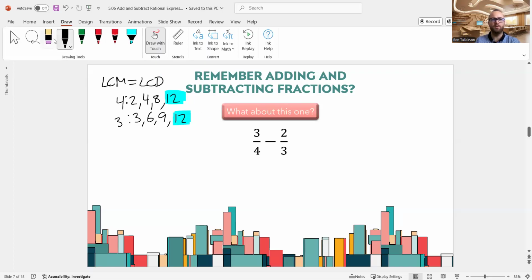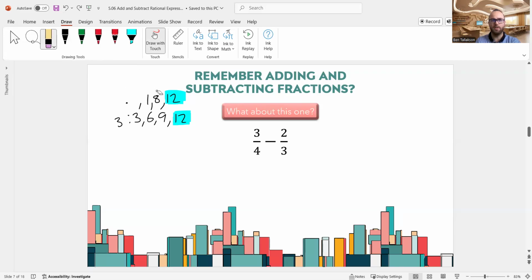Well, I don't know about you, but I don't want to write out these factors every single time. So here's a faster way to do that. Instead, you can take your denominator. Let's say you have 4.